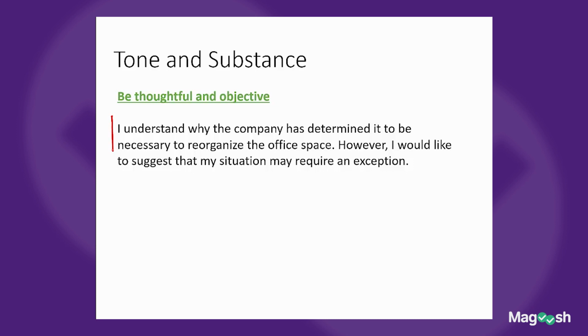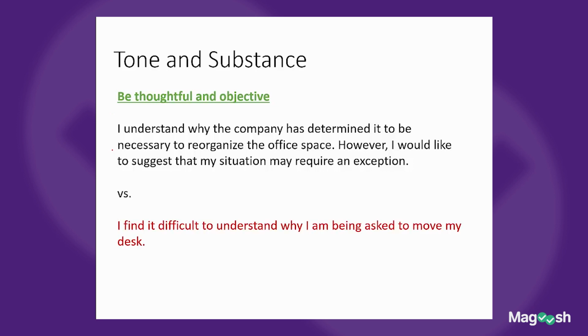Okay, you're showing your manager, hey, I understand why this policy might need to occur, why it's important to you and the company. That's being thoughtful. You're showing your manager that you're concerned about it, that you care, okay? Contrast that with what we see down below. I find it difficult to understand why I'm being asked to move my desk. Okay, now that comes across as very angry, okay?